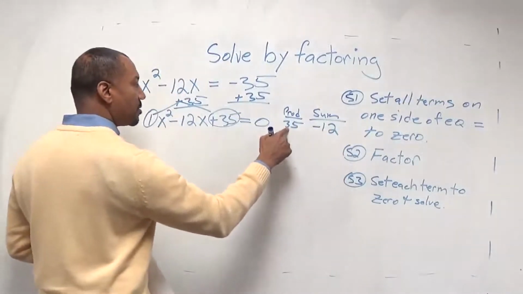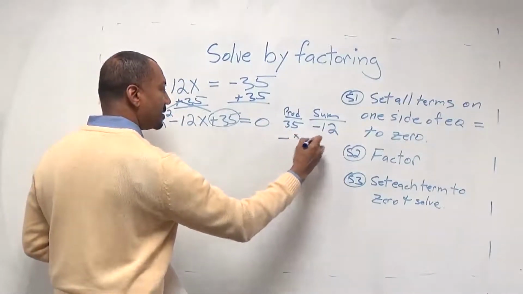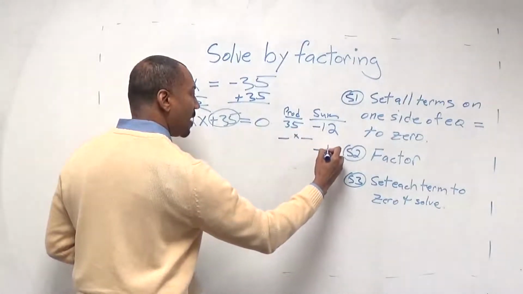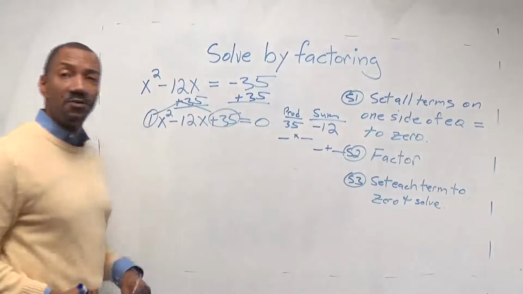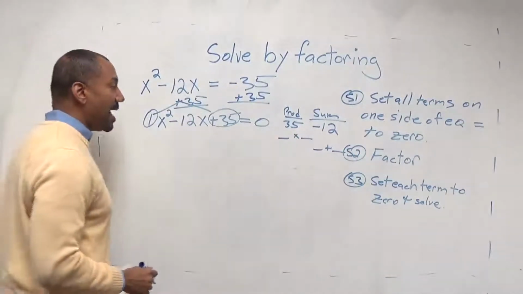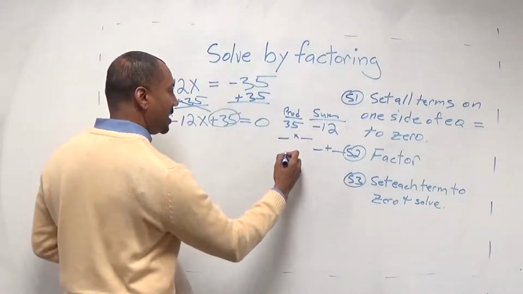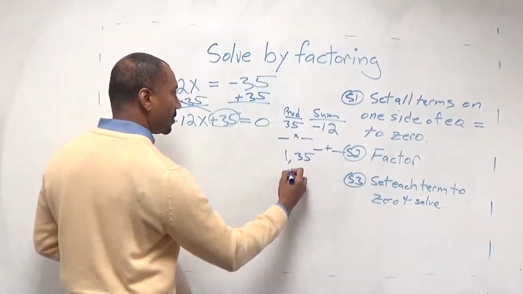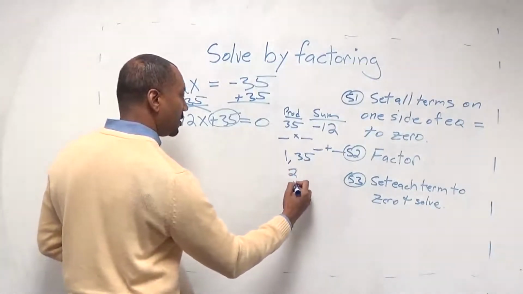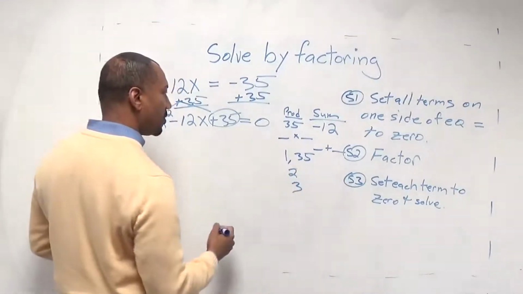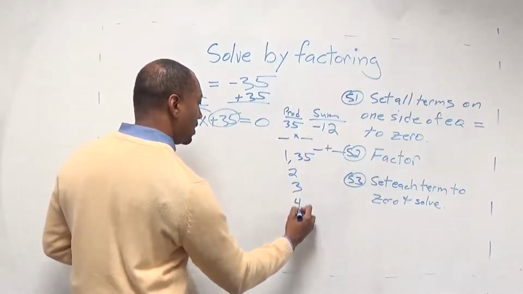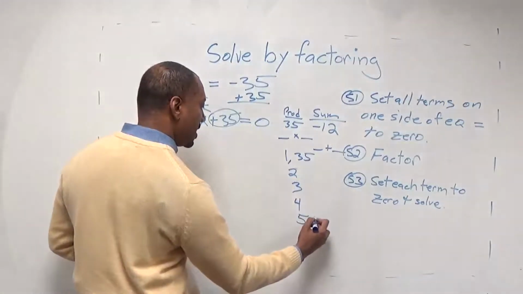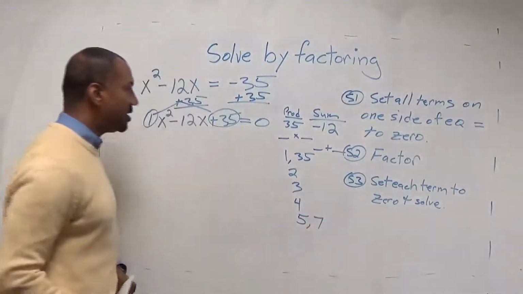So what 2 numbers multiply together to give you 35, and the same 2 numbers also add to give you negative 12? You probably have those numbers already. Let's see, if I list factors of 35, 2's not going to work, 3's not going to work, 4, 5 times 7.